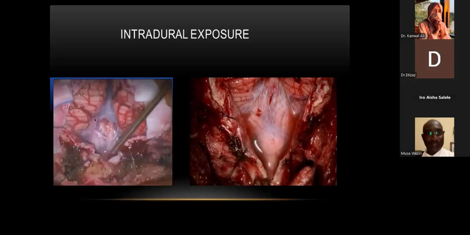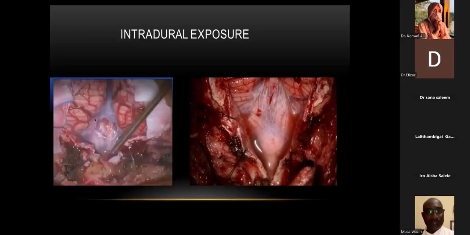Try to peel it. Make a little hole with a fine needle, then with the help of the fine needle or micro scissors, you can open it, and quite easily and gently you can dissect it.